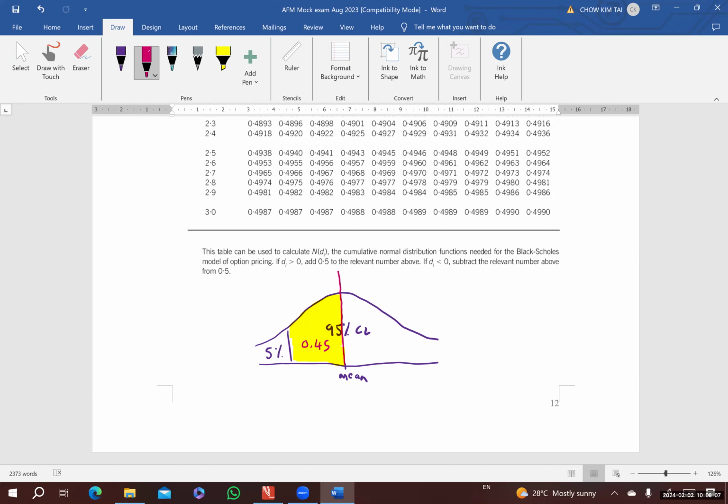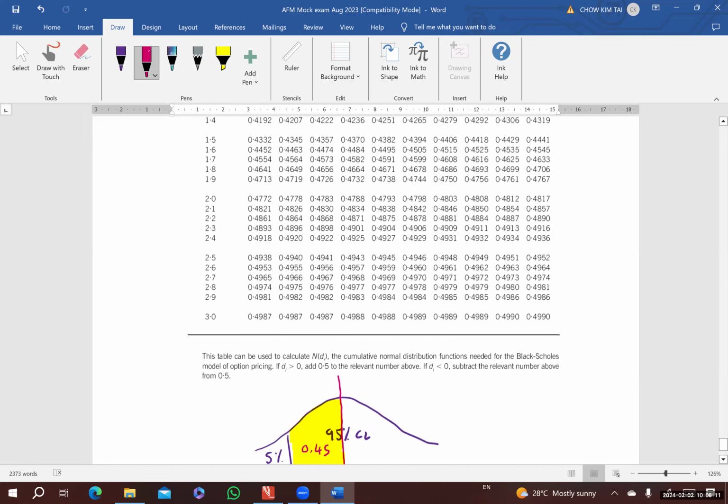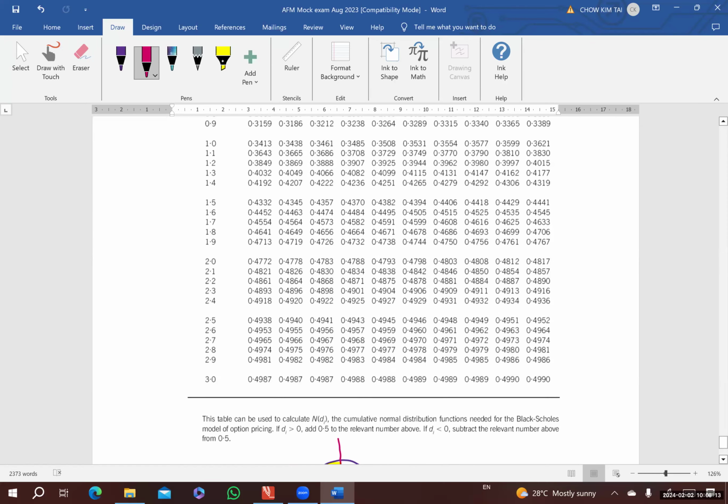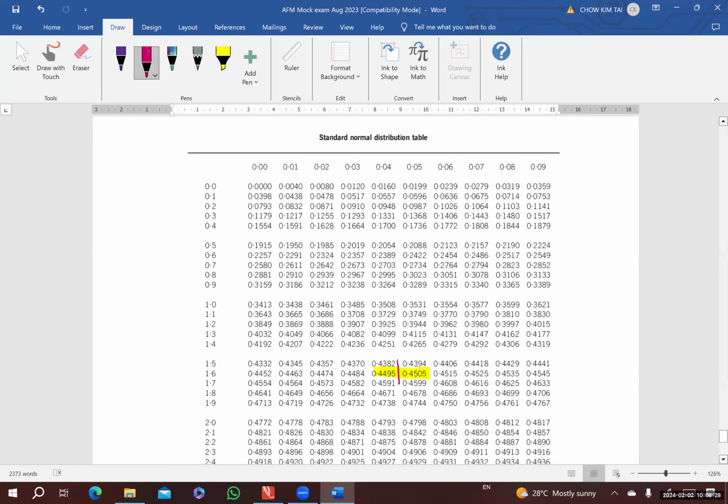So now I go to the table, I look for 0.45. 0.45 is here. Can you see? It's in the middle of 0.4495 and 0.4505. That's 0.45. The value down here is the z-score, the first decimal.